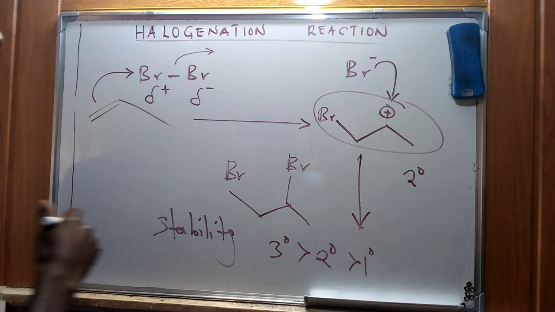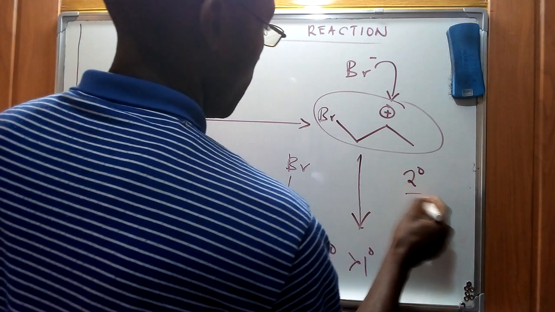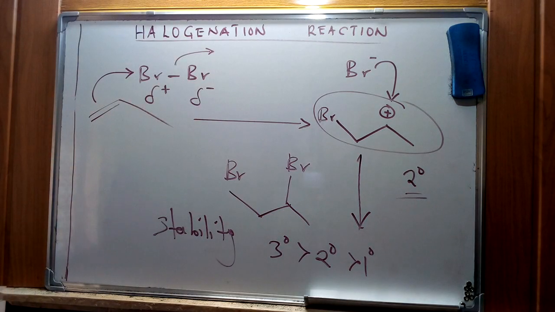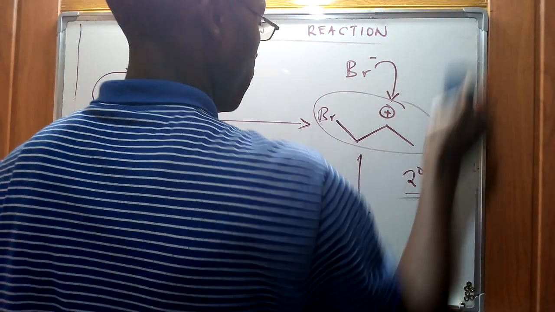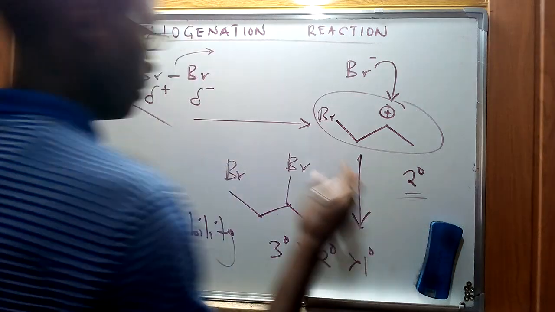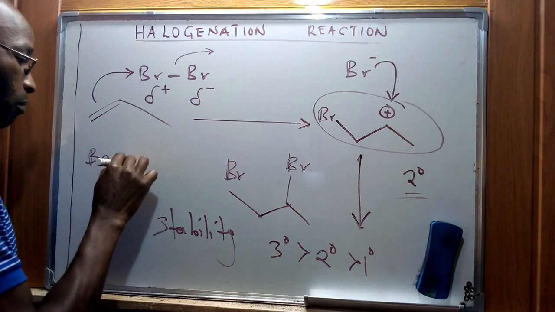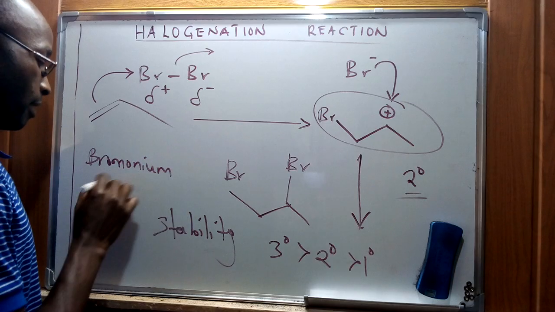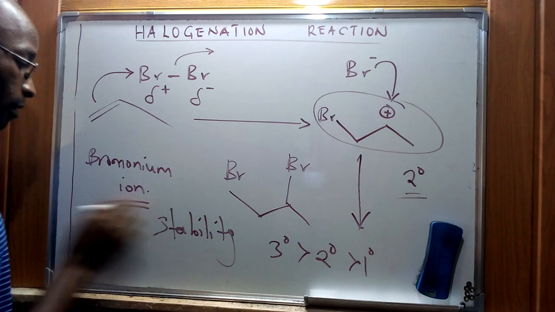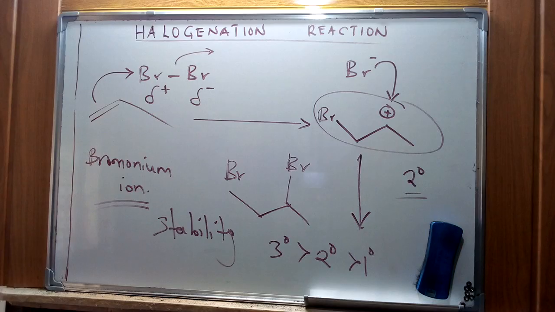And therefore, at the second stage, there is a tendency of this intermediate trying to form what we call a halogen ion. In the case of bromine, if we are using bromine as our molecule to illustrate this, then we are going to have what we call a bromonium ion, which is going to form an intermediate ion in this case.